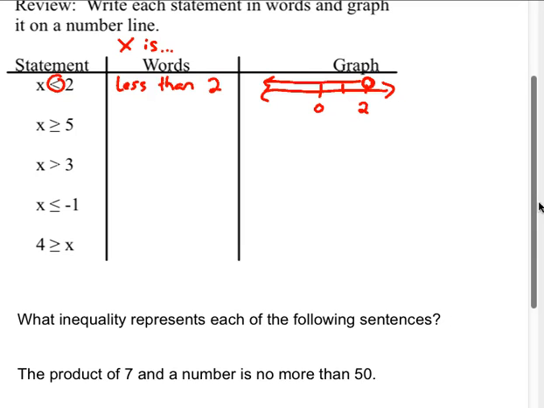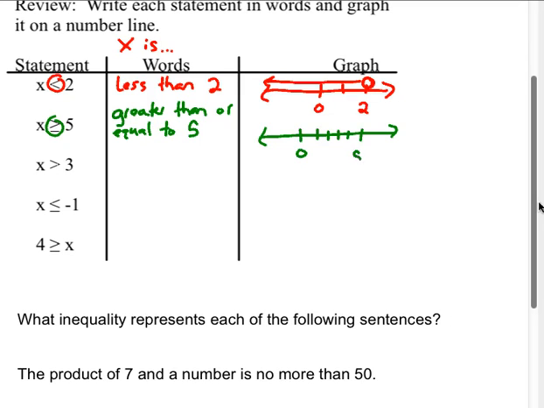Here, this symbol is greater than, but it also has the equal to. So greater than or equal to 5. Okay? So here, I'm going to have my 0, 1, 2, 3, 4, 5. What is greater than or equal to?